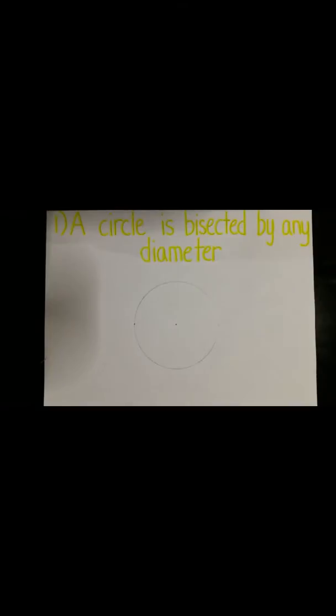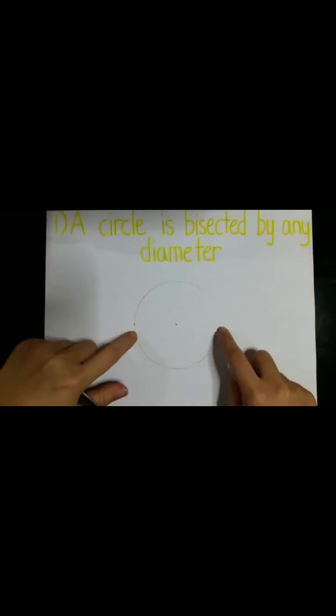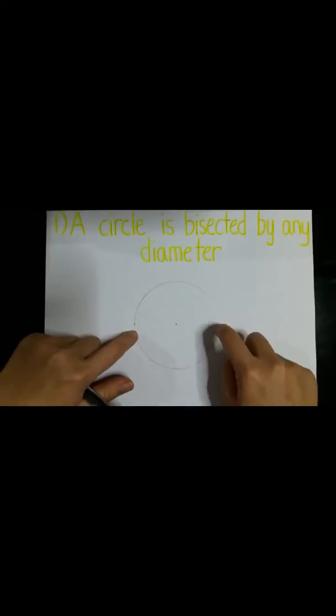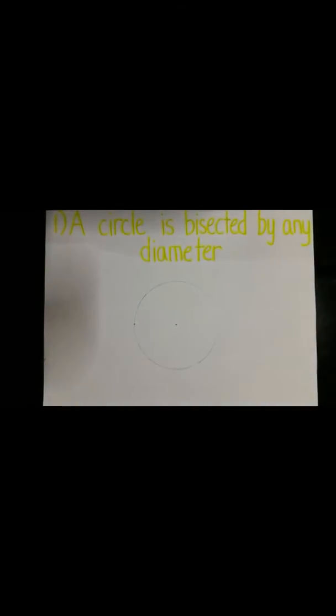We have a circle right here, and a diameter of a circle is any straight line segment that passes through the center of the circle. So here is the center of the circle. Here are my endpoints that lie on the circle, and I'm going to connect the lines to form the diameter.